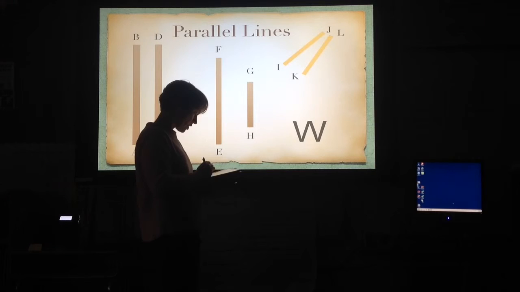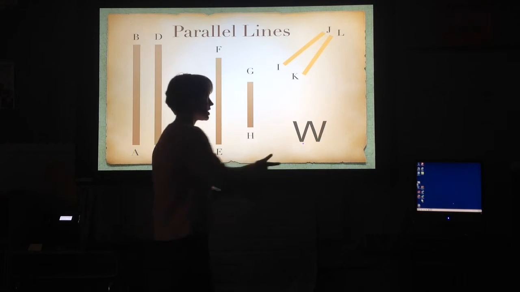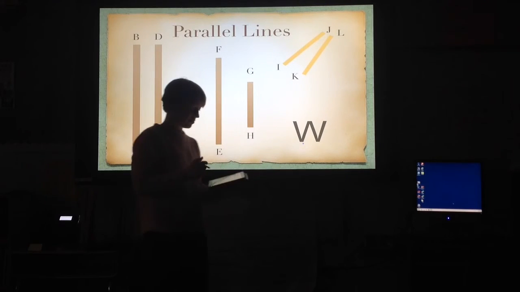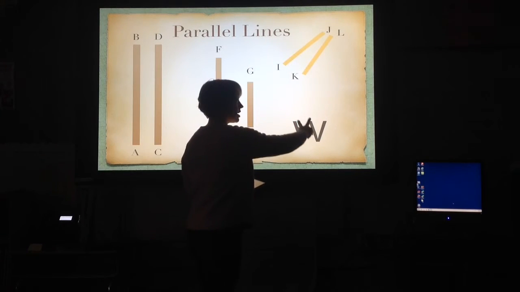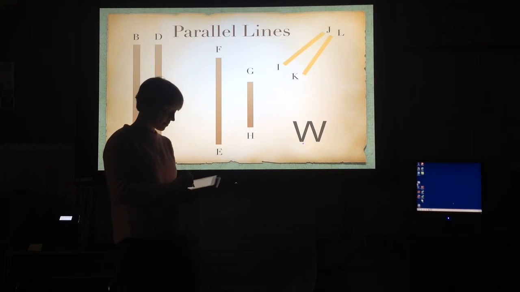However, if I look at this one right here and this one right here, they're going the same direction and they will never intersect. If I look at this one here and this one here, they're going the same direction and will never cross. So those are the parallel lines.